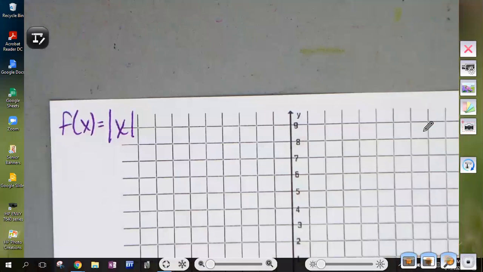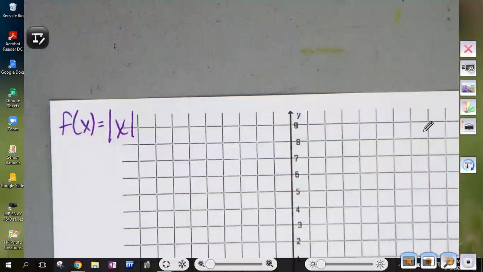Now, here's what I was saying earlier about tables being our best friend. You may get on a test and you see that function and you think in your head, I do not remember absolute value functions. I know we talked about it, but I can't remember what the graph looks like. Well, this is where tables become your best friend.